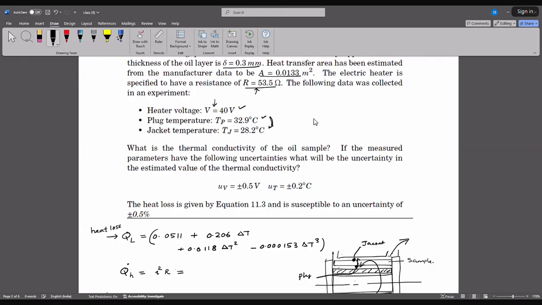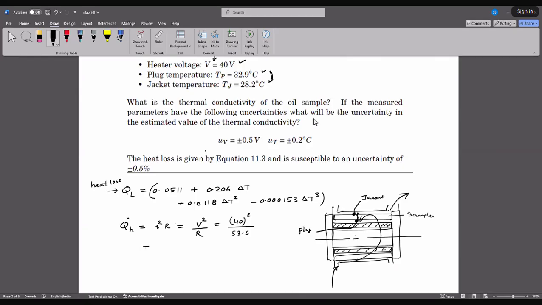If you replace in terms of voltage, this will become V square divided by R. So V is 40 square, and R, the resistance, is 53.5 ohm. If we calculate how much heat is coming out of the heater, that is going to be 29.91 watt.